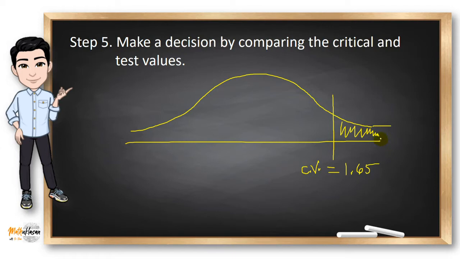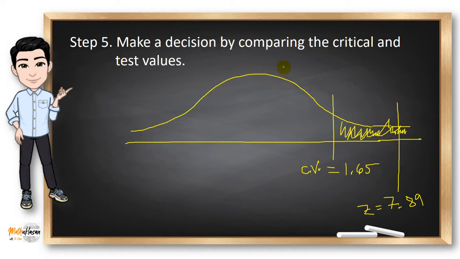Our test value is 7.89 and it's a long way to the right. So 7.89 is somewhere here. And since the test value 7.89 is greater than 1.65 or in the rejection region, we need to reject the null hypothesis.